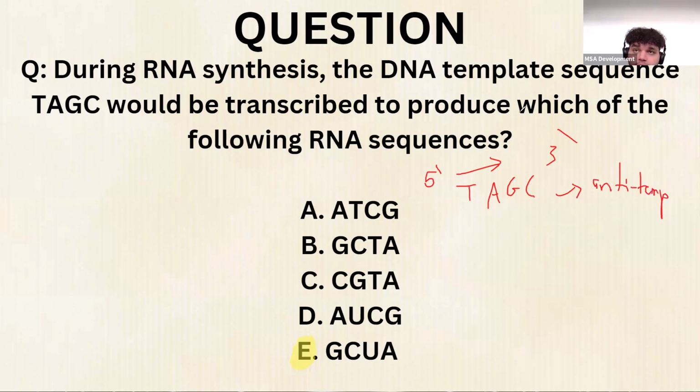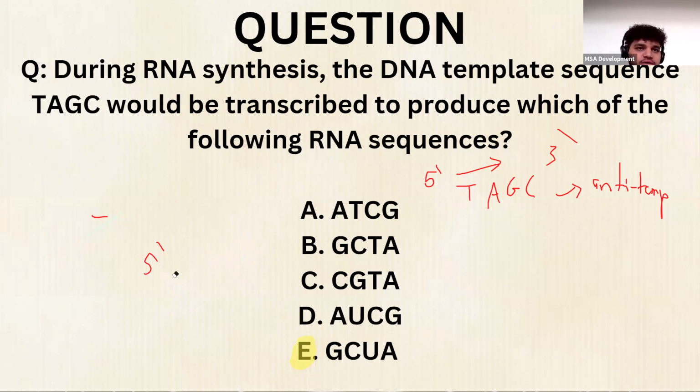Okay? So what will I do? There's two ways to solve this. First off, I'll get the template strand, which is A, T, C, G. This is in the 3' to 5'. Wait, never mind, scratch that, okay?